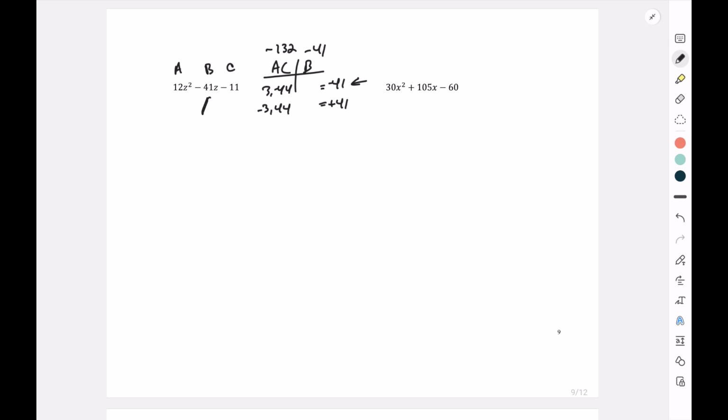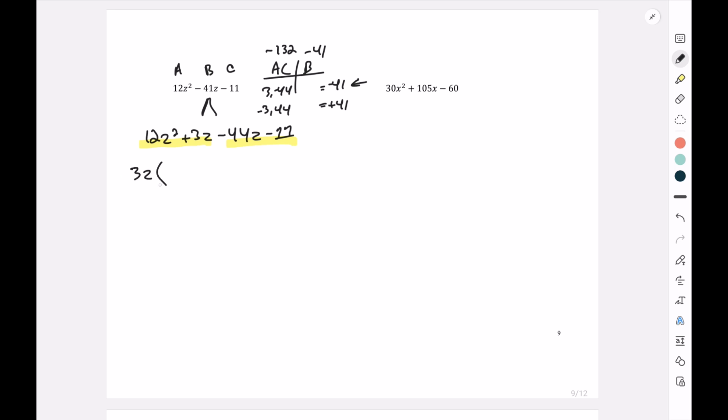If we look at splitting our middle term, our b value, we would have 12z squared plus 3z minus 44z minus 11. We're going to be factoring by grouping again. We can look at our first group and our second group, and in the first group we have a 3z in common.